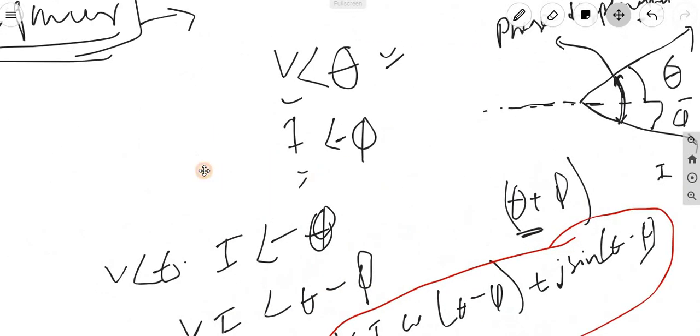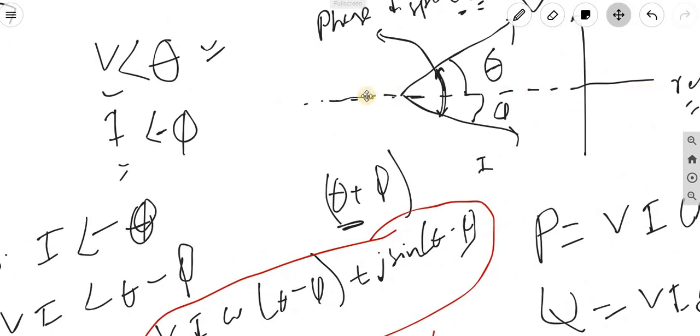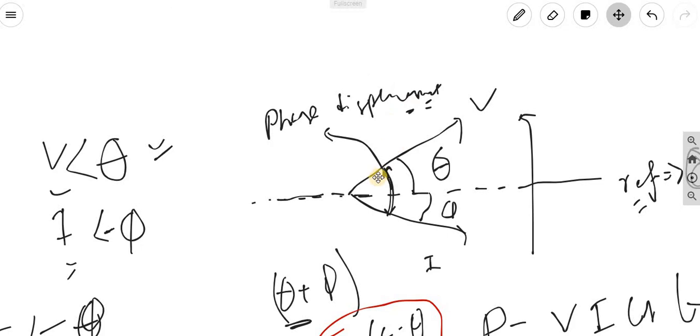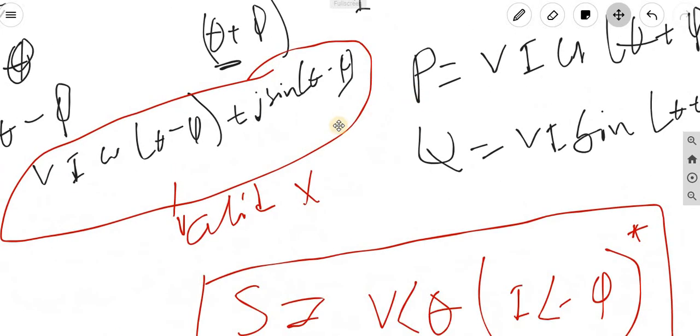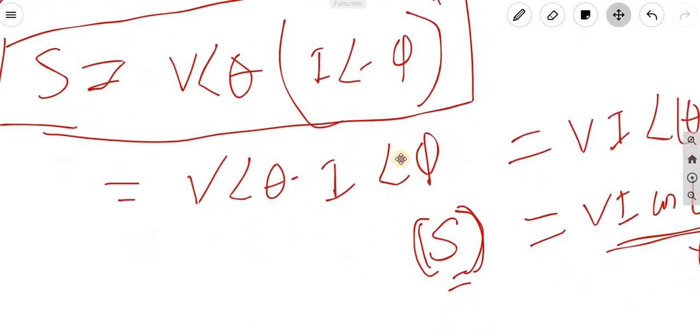To discuss it, we took a reference. With that reference, the current angle would be negative and the phase displacement would be positive, above the reference.